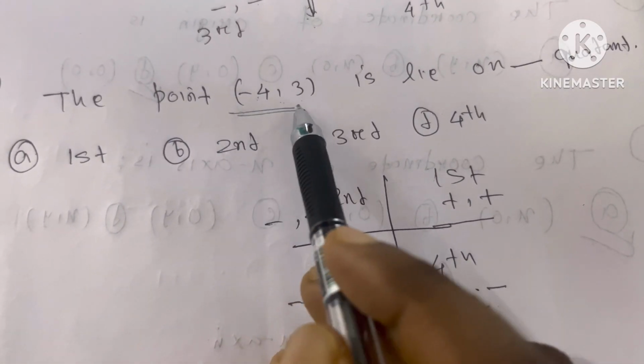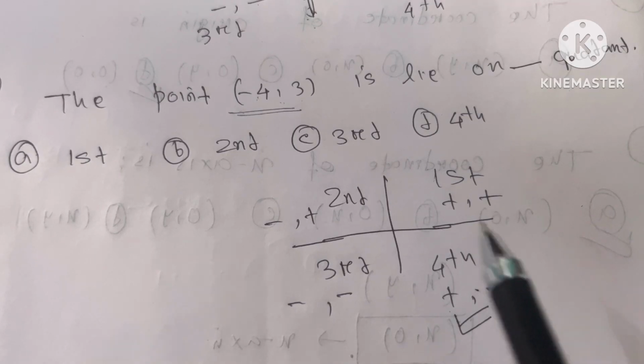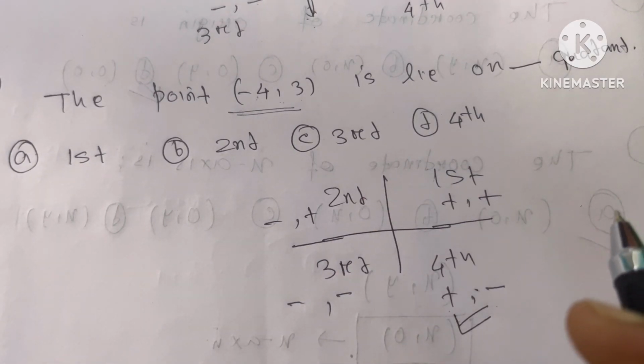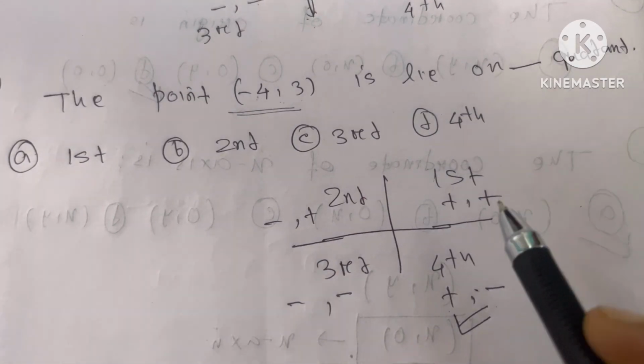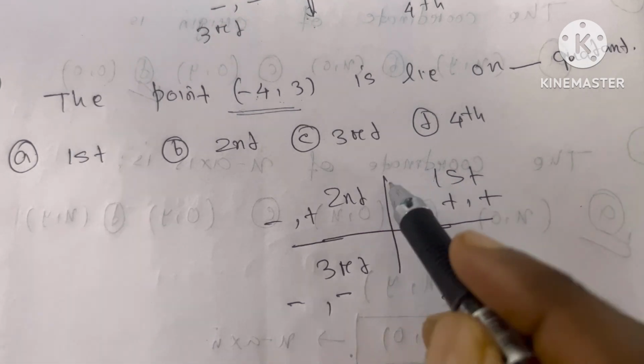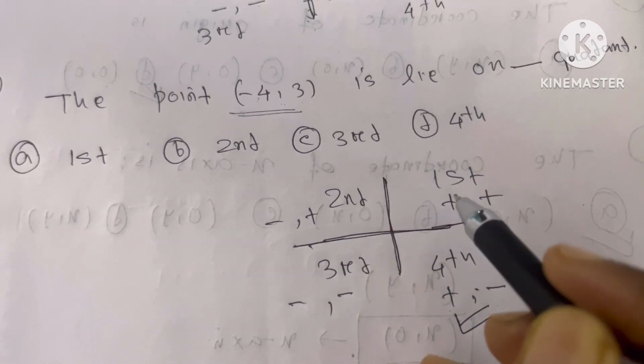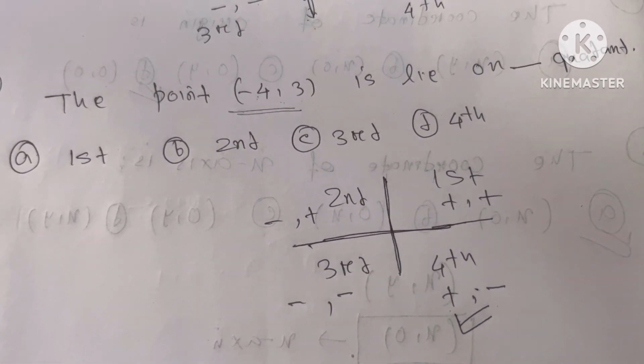So which quadrant does the point (-4, 3) lie on? Without plotting, we can find the answer by looking at the symbol of the quadrant. As you know, this is the Cartesian plane, and a Cartesian plane has 4 quadrants, yes or no?